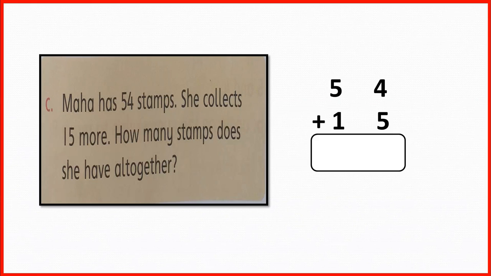Now add to find how many she has altogether. 4 plus 5 equals 9 and 5 plus 1 equals 6. The answer is 69. That means Maha has 69 stamps altogether.